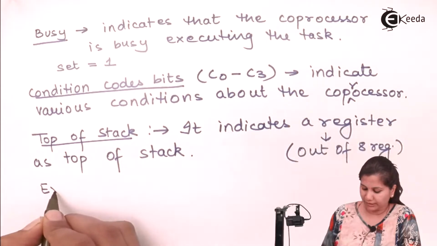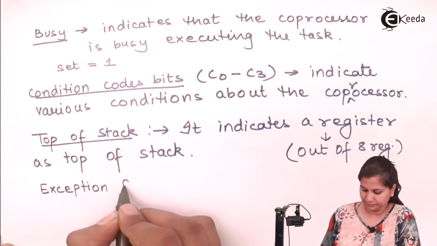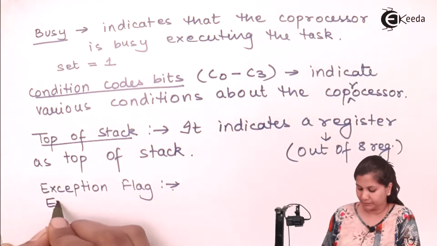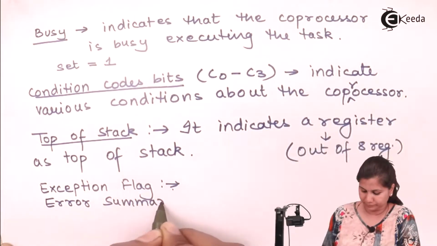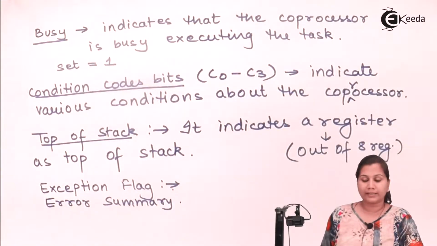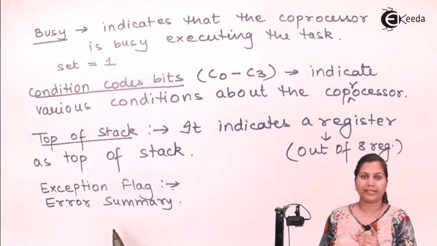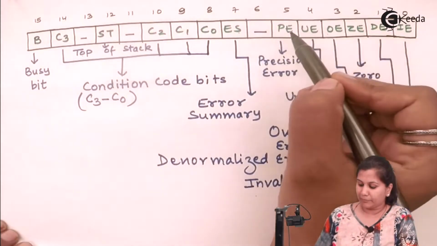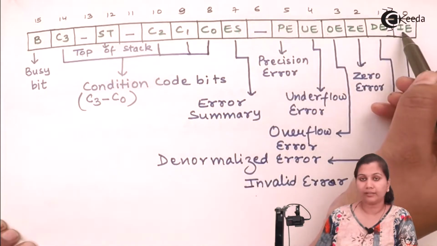Then we have the exception flag, or we can say the error summary. This bit is set to 1 if any of the exception flags present in the status word are set. You can see here we have precision error, underflow, overflow, zero, denormalized and invalid.